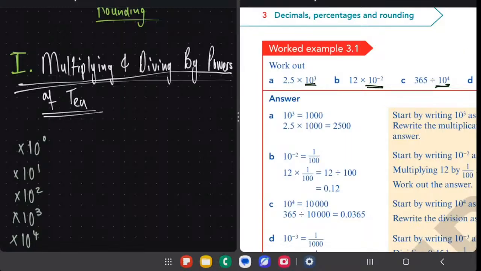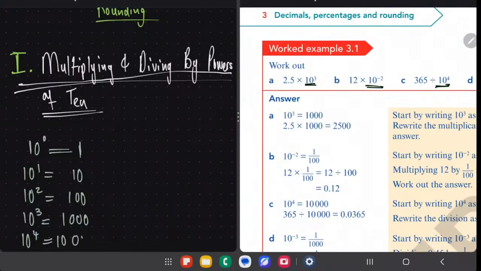When you have 10 to the power 0, it means you are going to have 1. 10 to the power 0 is 1. 10 to the power 1 is 10. To the power 2, it means now it has 2 zeros, that's 100. This one, you now have 3 zeros, that's 1,000. This now has 4 zeros, that's 10,000.